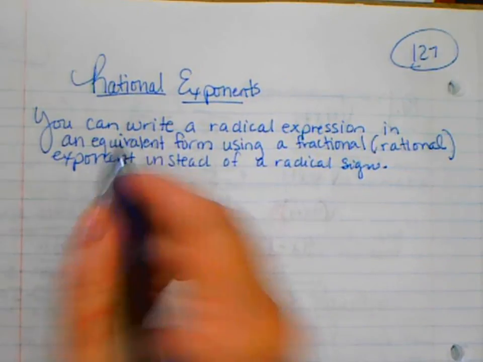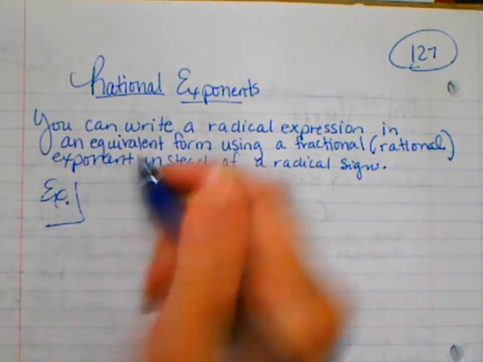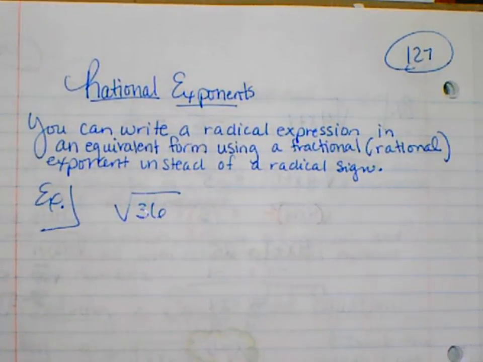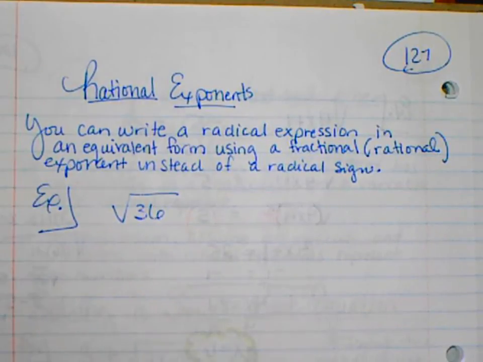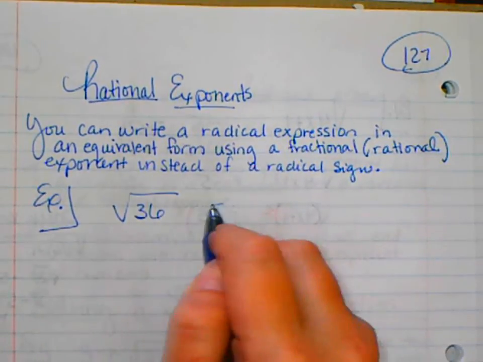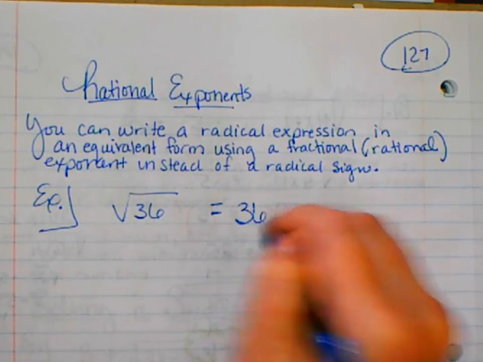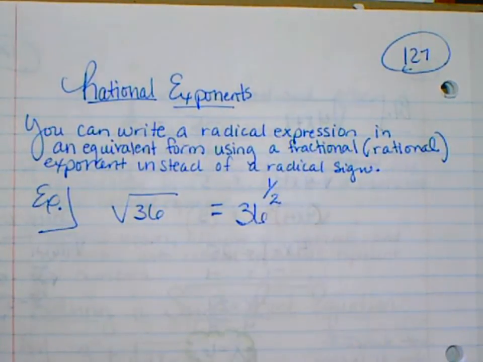Okay, so first of all, if I had the square root of 36, we know that's 6, but we're not simplifying it. I just want to rewrite it in exponential form, okay? So the square root of 36 is the same thing as 36 raised to the 1/2.